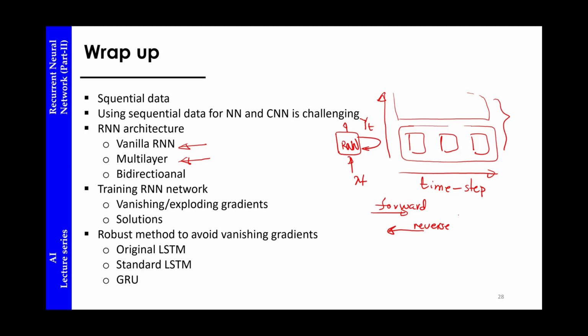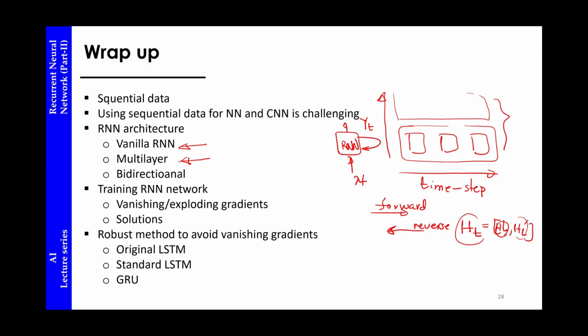To have the total hidden state, we should concatenate HL and HL prime. HL prime was the hidden state of the reverse network, and HL was the hidden vector of the forward network.